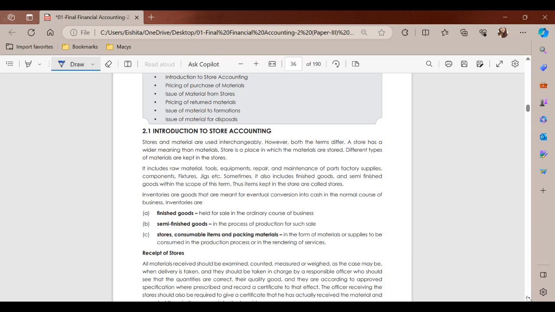Third is stores, consumables, and packing items, which are in the form of material or supplies to be consumed in the production process or in the rendering of services. So you will see the material in four forms: raw material, finished goods, semi-finished goods, and the consumables for packing, etc. Okay, is there any question?